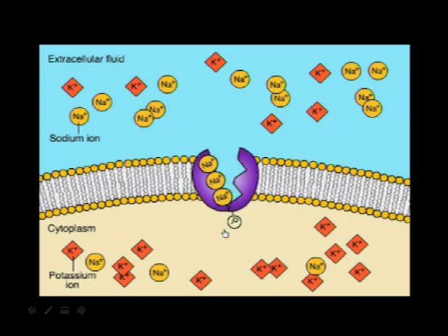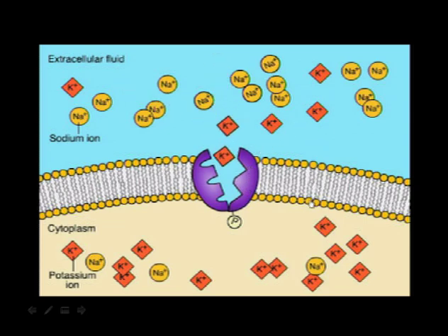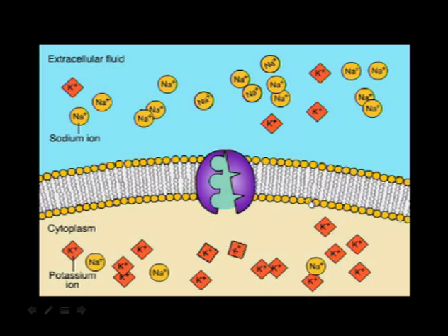Here, energy is added. And then the binding sites here will be complementary to the potassiums. And then they can be transported across the membrane. We'll be talking more about transport proteins later in the course.